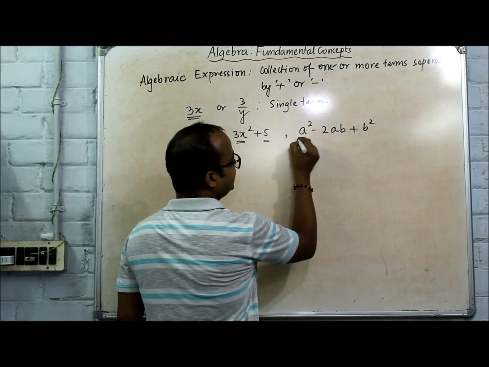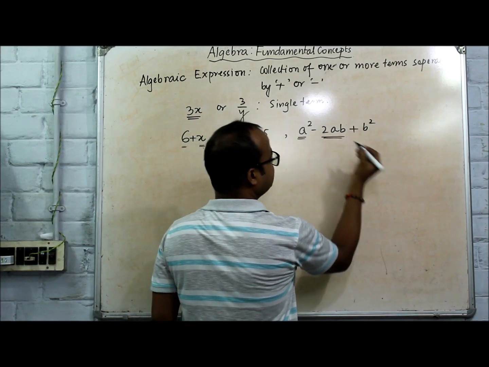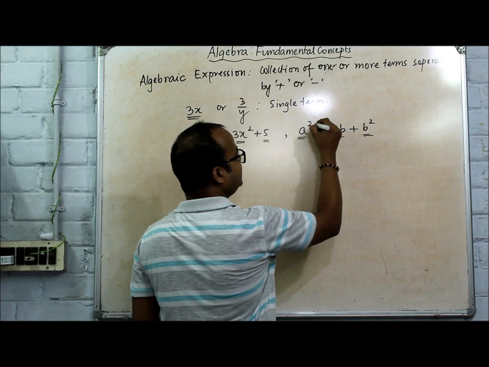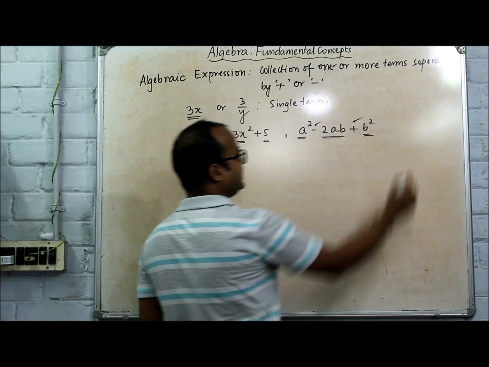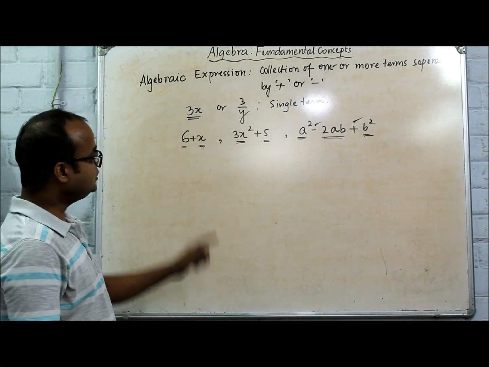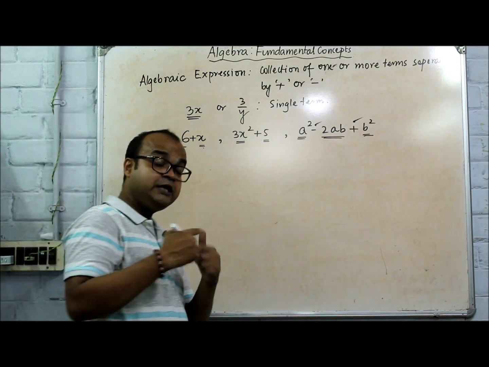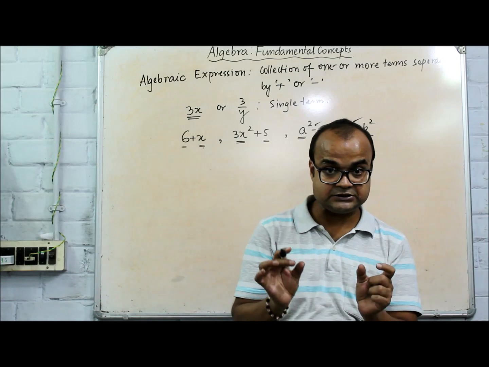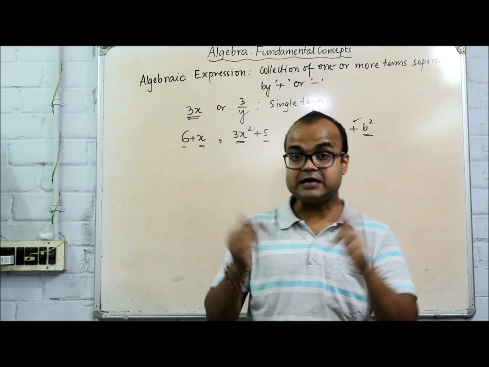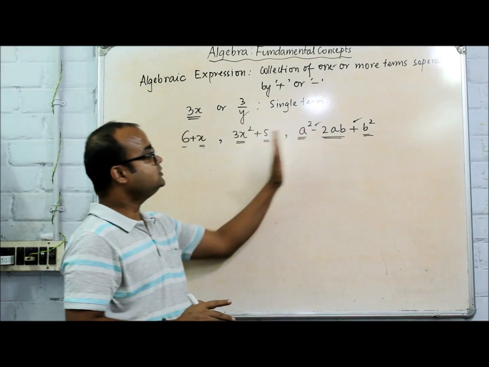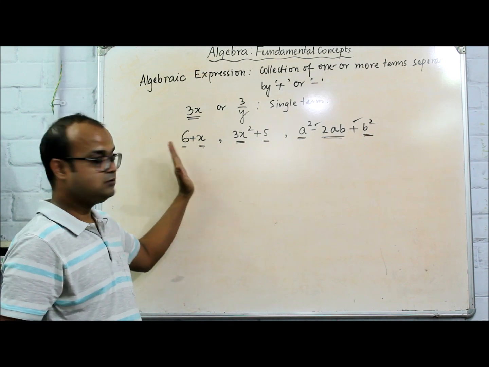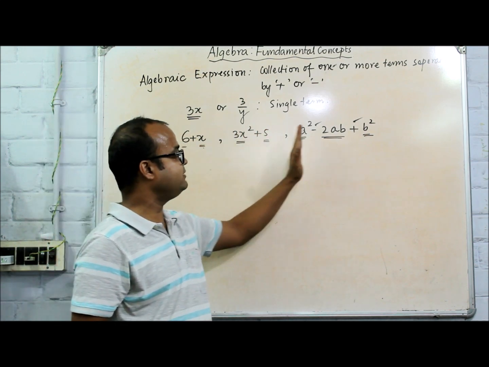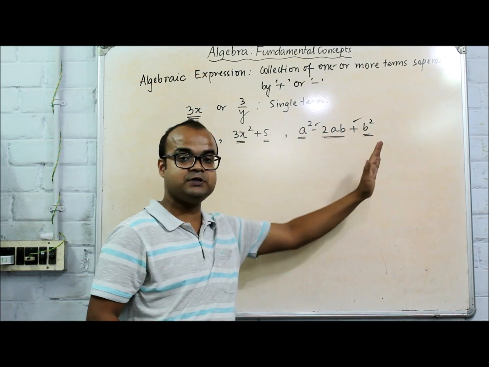So here a square is one term, 2ab is another term, b square is another term, separated by minus and plus. So we only need to consider plus and minus signs, because they separate the terms.